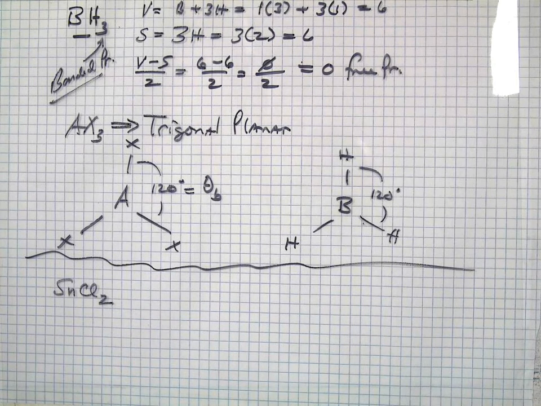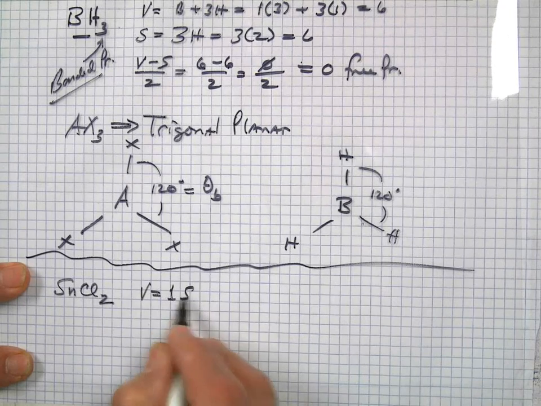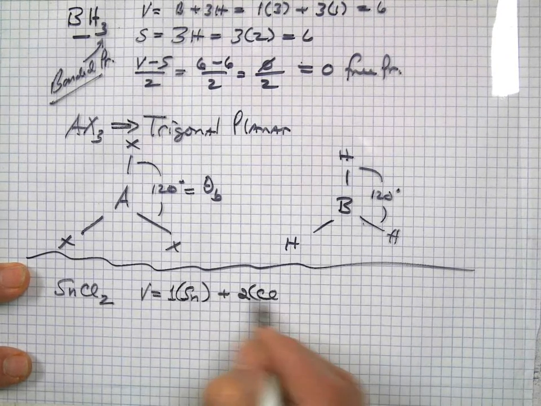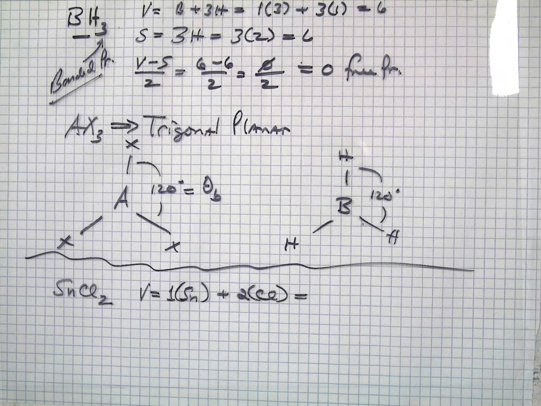Again, let's calculate. The valence number is 1 stannous, or tin, plus 2 chlorides. Tin is down here, number 50, under group 4, so it's going to have a valence of 4, even though it's buried way down in the chart.